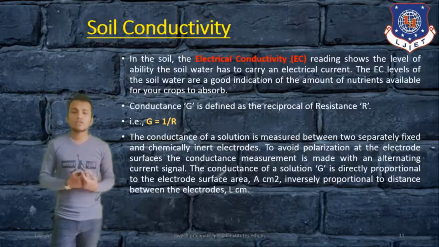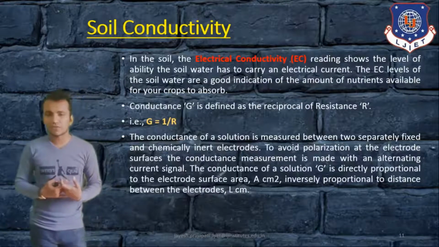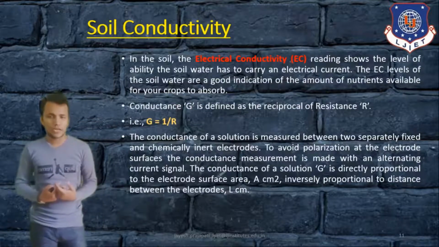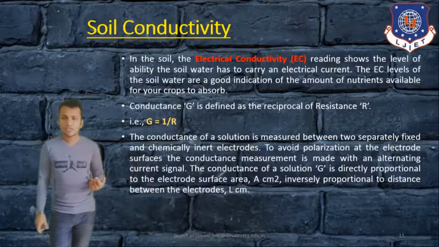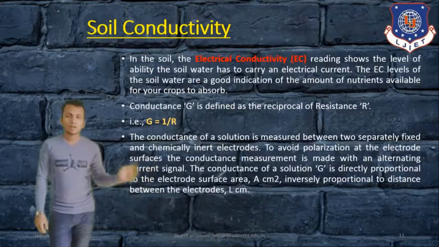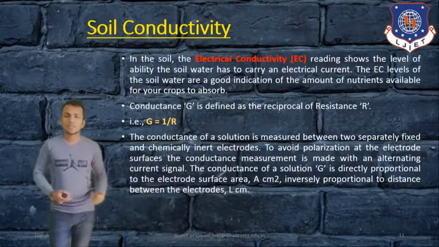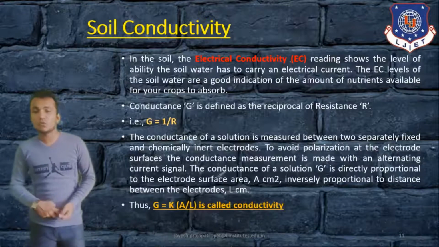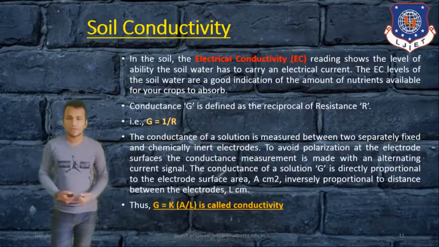The conductance of the solution G is directly proportional to the electrode surface area A and inversely proportional to the distance L between the electrodes. So the equation is G equals K A divided by L, which is called conductivity.